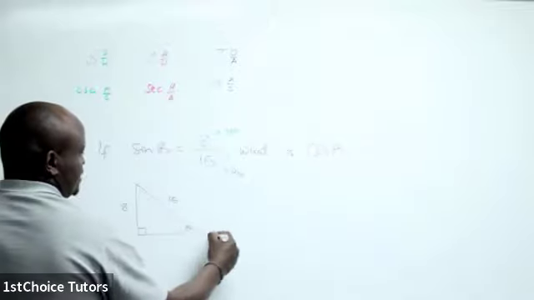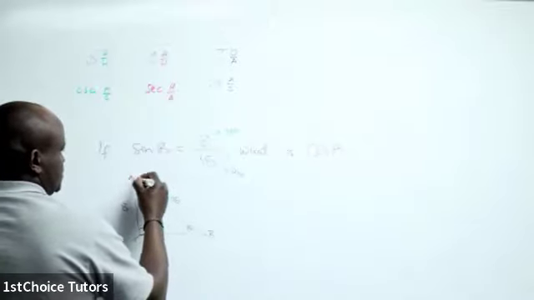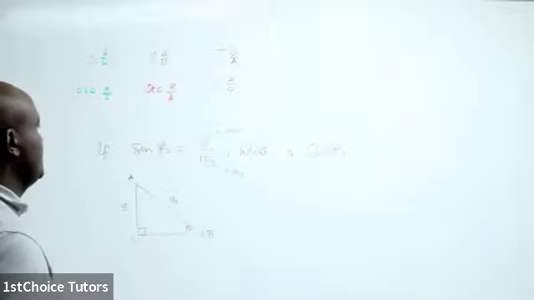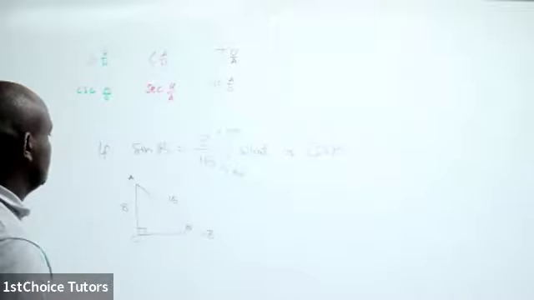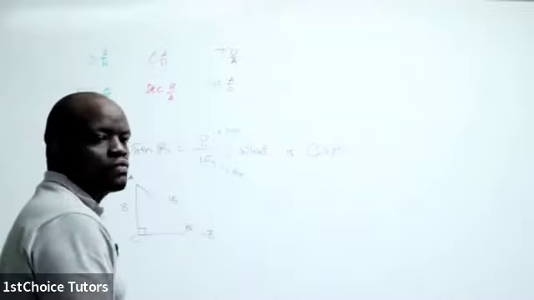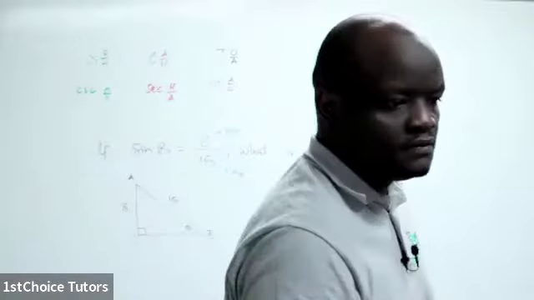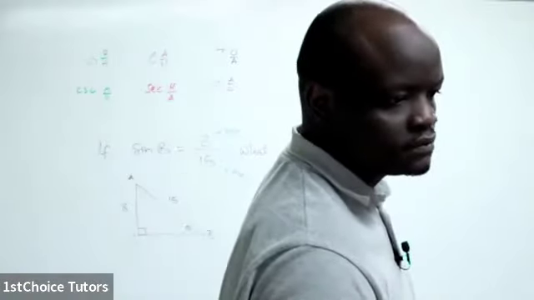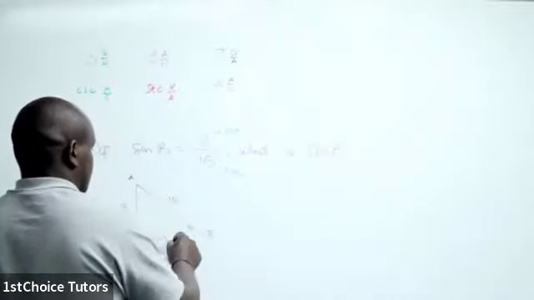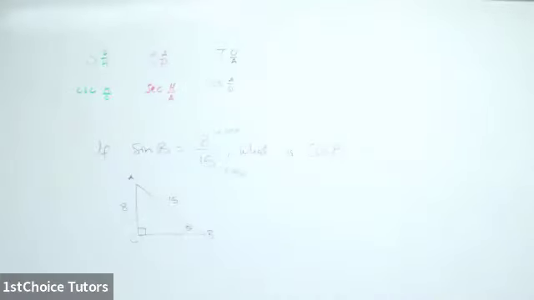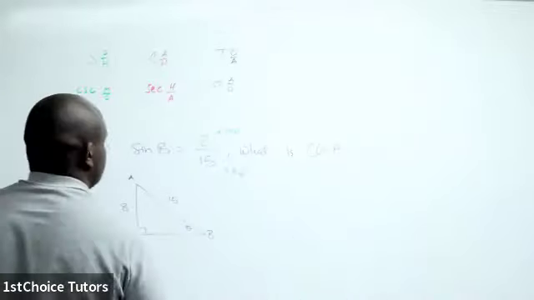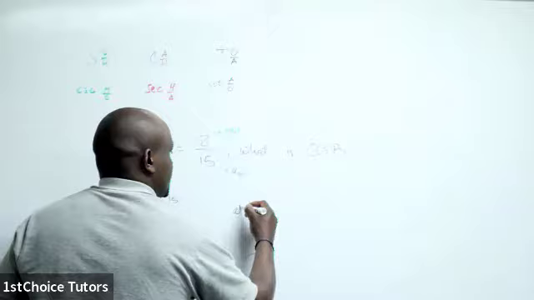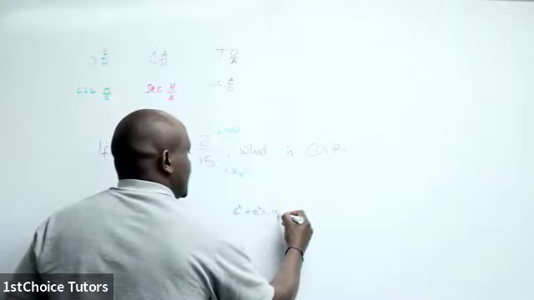So this is b, right? A squared plus b squared equals c squared, so a squared plus 8 squared equals 15 squared.